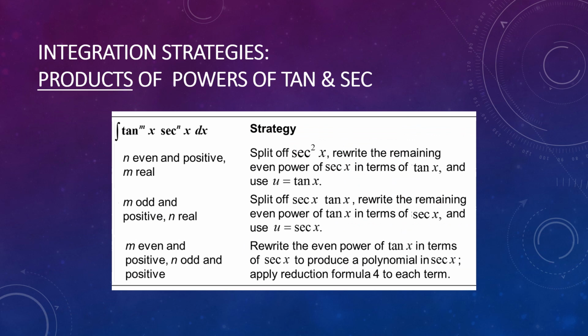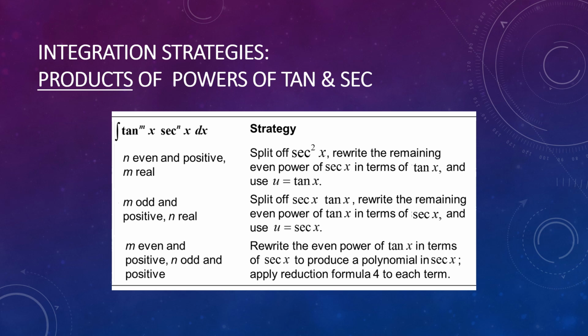Finally, our last slide of section 8.3 is just a restatement of those strategies for the integration of products of powers of tangent and secant. Again, if the secant power is even and positive, split off secant squared, rewrite the remaining even power of secant in terms of tangent, and then use u equals tangent x.